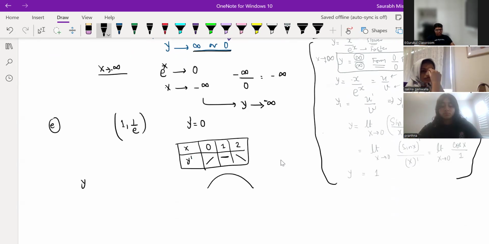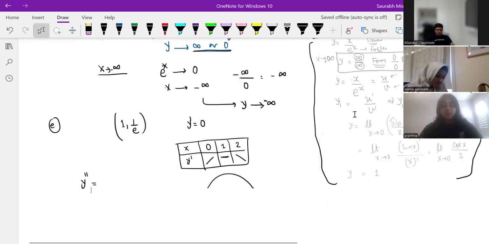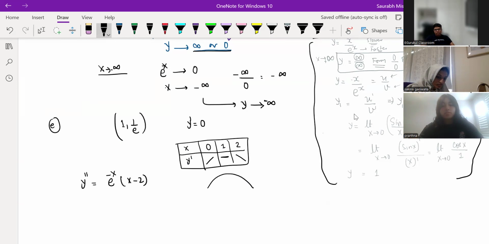Or you can say f double prime if you want to find out. What is f double prime or y double prime value? It's negative e to the power of negative x, and then in brackets 2 minus x. We can write x minus 2 directly taking this. So it is e to the power negative x into x minus 2, right?